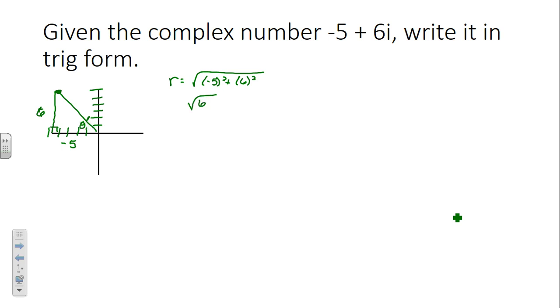No perfect squares in there, so square root of 61 is our r. Now what do we need? Theta. How are we going to find theta? Tangent. So the tangent of theta is what over what? E over a.